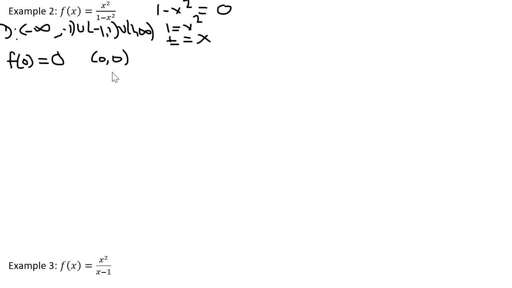Next, we're going to evaluate the limits at infinity for this rational function. Let's start with the limit as x approaches positive infinity. I'm going to factor out that x squared from both the numerator and denominator, taking the x squared out of each term, which will leave me with 1 over 1 over x squared minus 1.